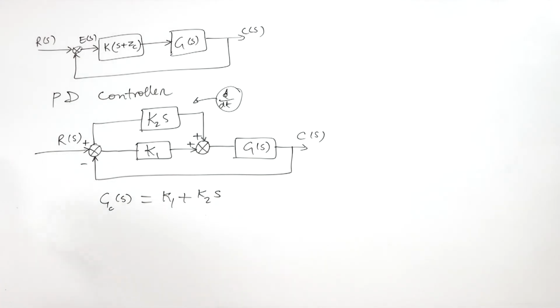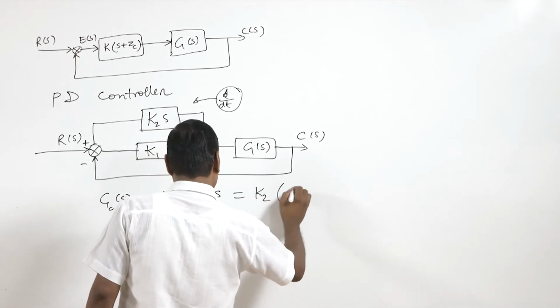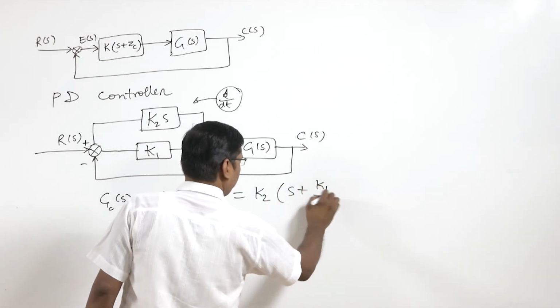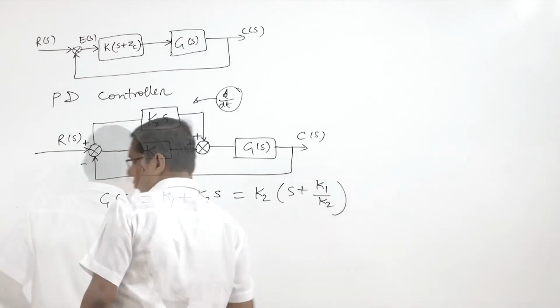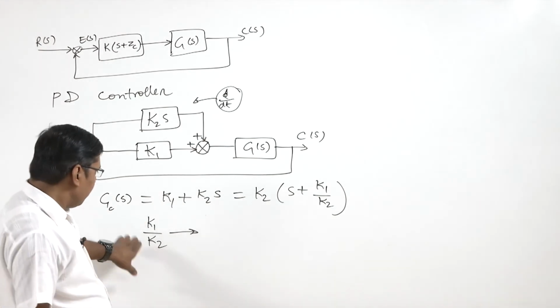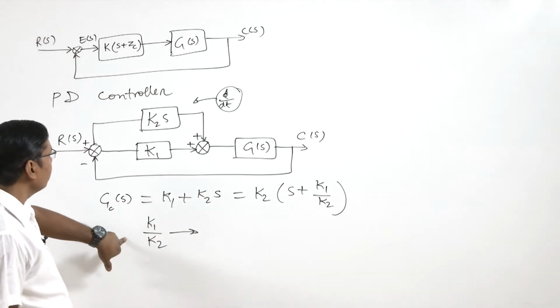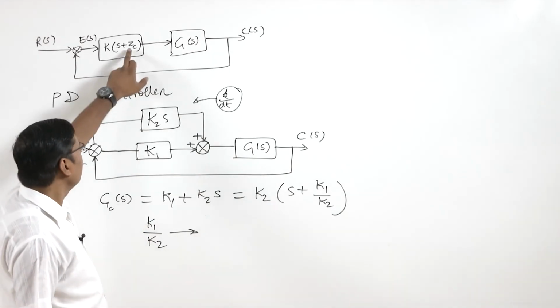So this is the transfer function. Now we can have K2 (S plus K1 by K2). So K1 by K2 will help to select the location of the zero, that is ZC.